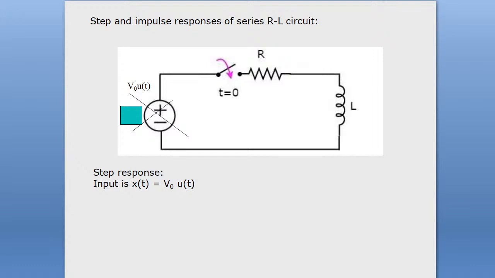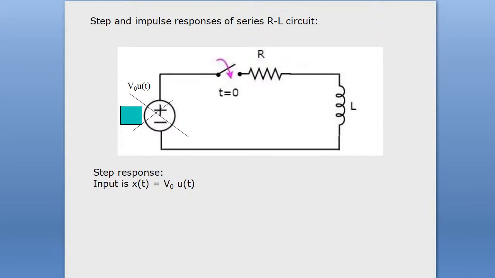You know that u of t is nothing but a step function. This function has a non-zero value, equal to 1, for t greater than or equal to 0. If t is less than 0, then this function becomes 0. The strength of this function is V naught.